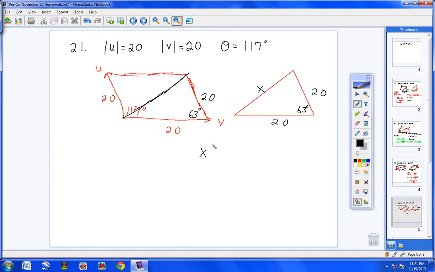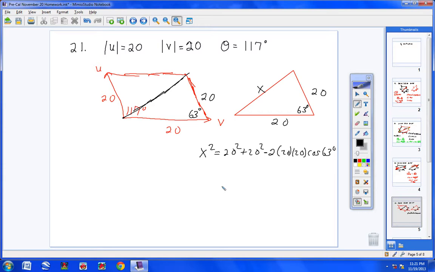So law of cosines: x squared equals 20 squared plus 20 squared minus 2 times 20 times 20 times cosine of 63 degrees. I'm going to grab my calculator real quick.